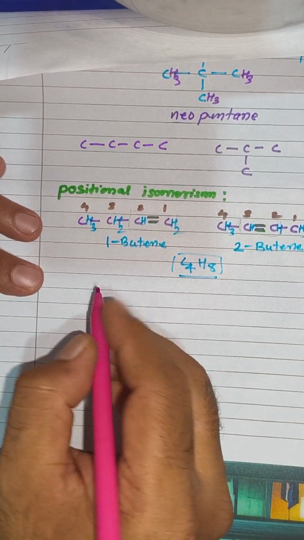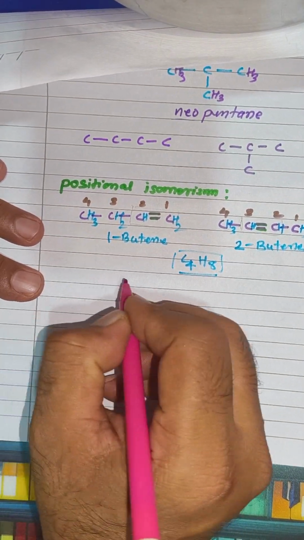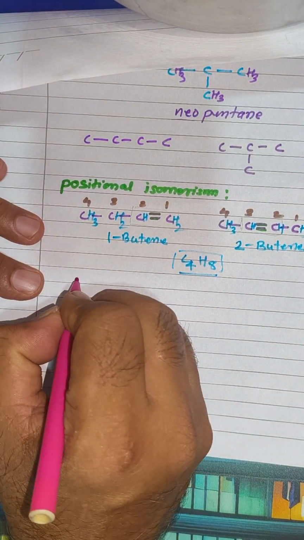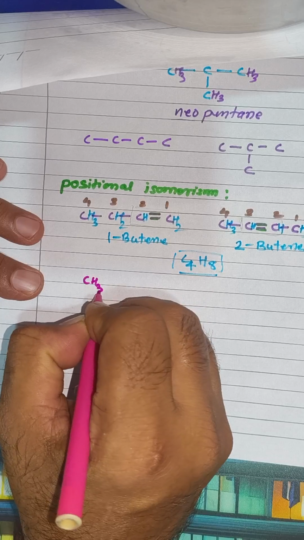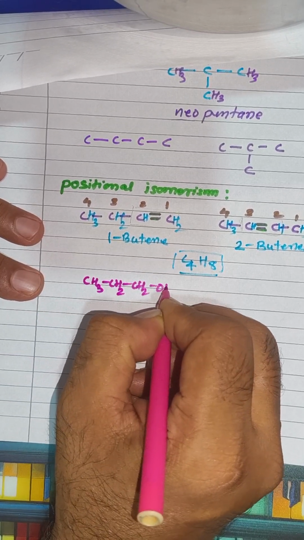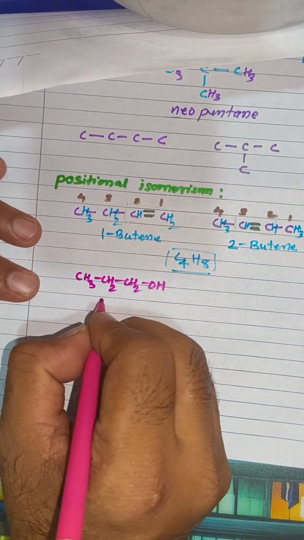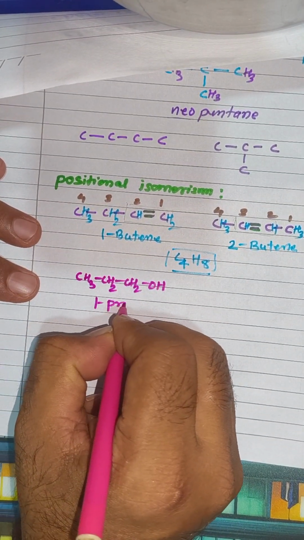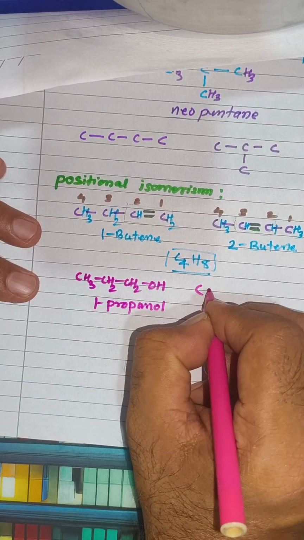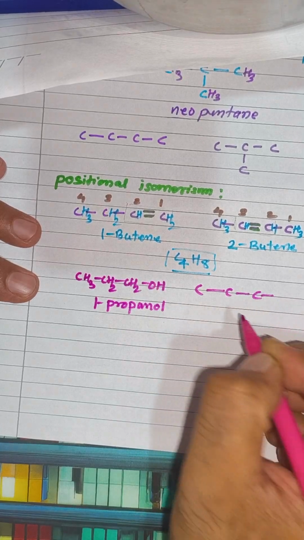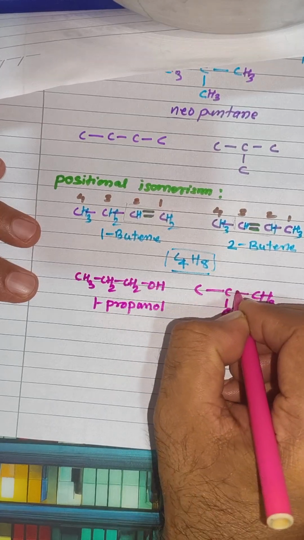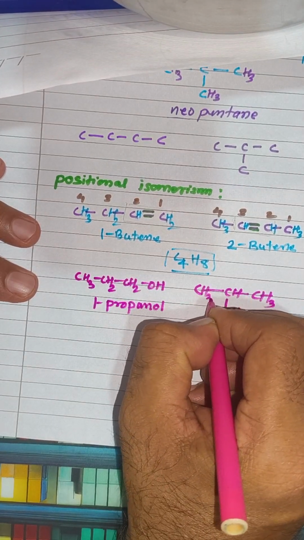Now the next example: alcohol. I can write CH3, CH2, CH2, OH. This is 1-propanol. I can write its isomer. This is propane, and I can shift the position up to here, so it is CH3, CH, CH3.